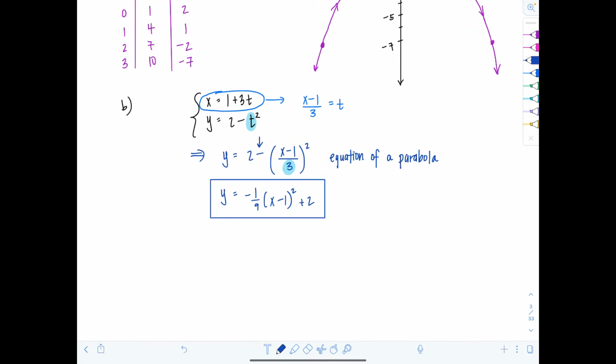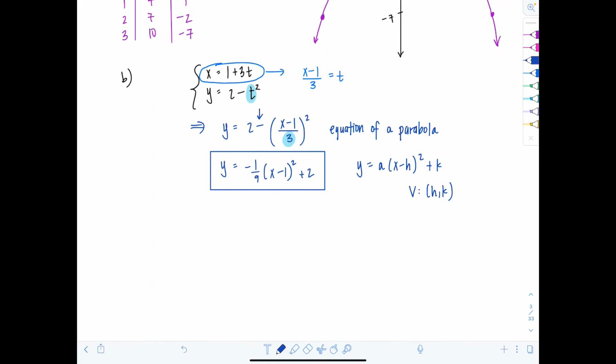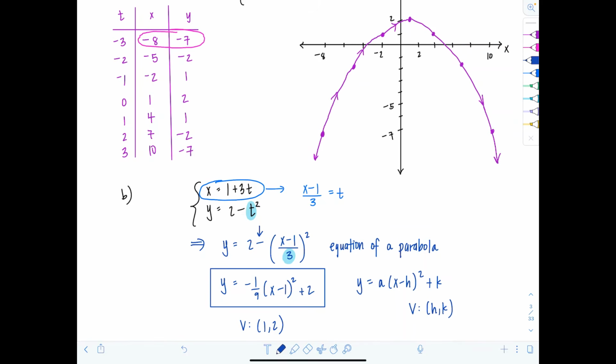Okay, and if you'll remember, when we have the vertex form of a parabola, it's written as y equals a times x minus h squared plus k, where the vertex is at h comma k. And so here I can tell, okay, the vertex of this parabola is at 1, 2. And indeed, that's what we found when we graphed, right? Oh, look, there's our vertex. Beautiful.